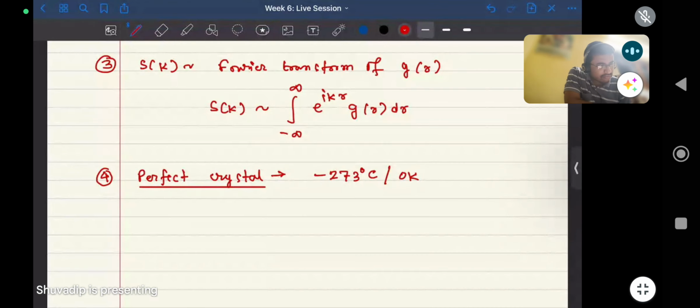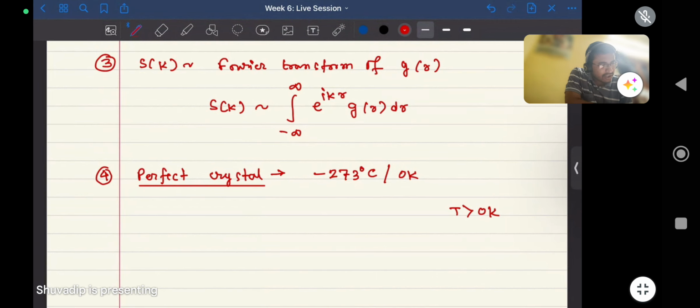If you are at some temperature which is greater than 0 Kelvin, then there will be some molecular fluctuation because of the energy kBT. This thermal energy will always be there. So molecules will be getting thermal vibration due to this kBT energy if T is greater than 0.